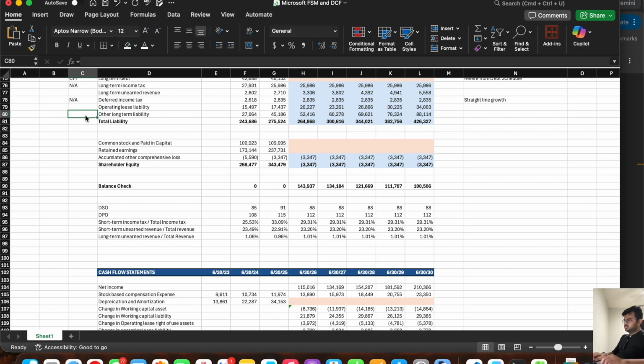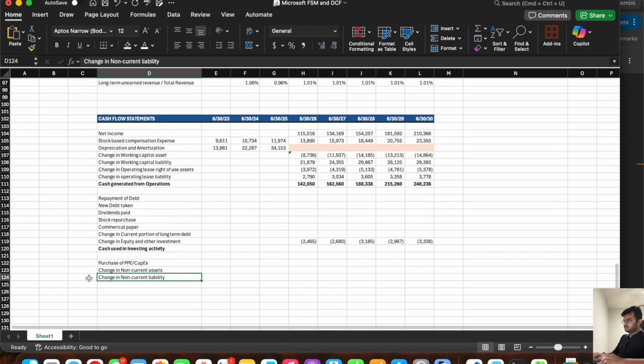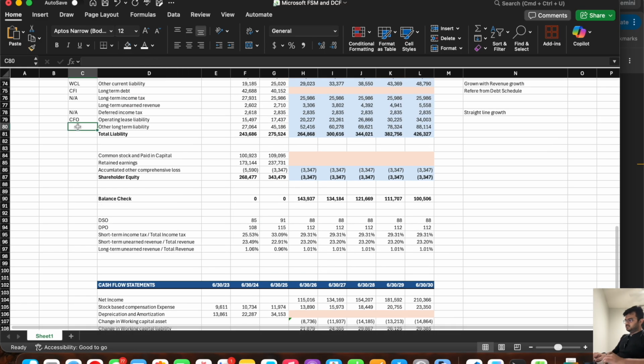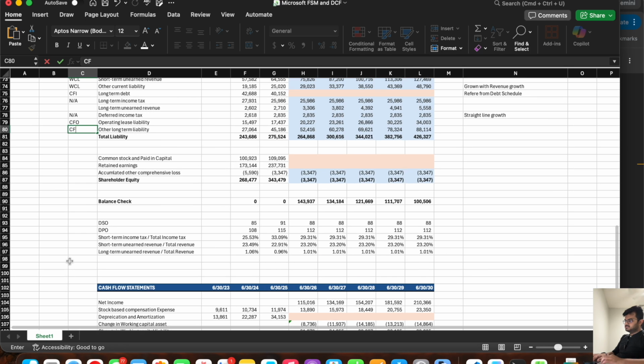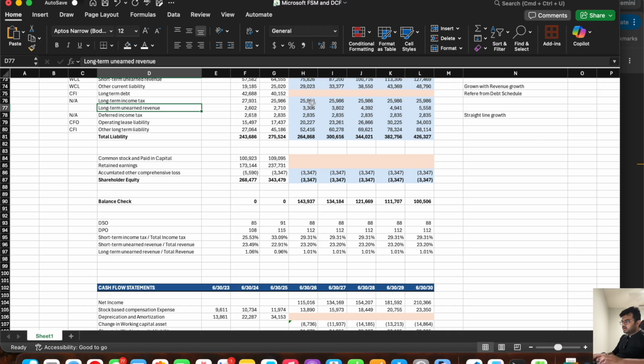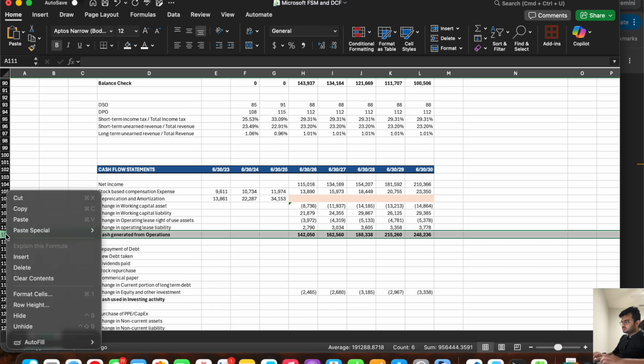I did this one. I need to figure out lease or other long-term liability, or current liability I would call it, that would be coming up here. So this is already taken care in cash flow from investing. And unearned revenue, we need to put it as long term unearned revenue, that should also be in operation.